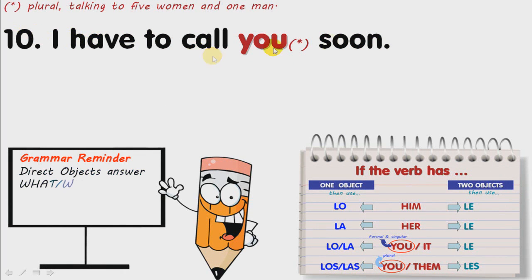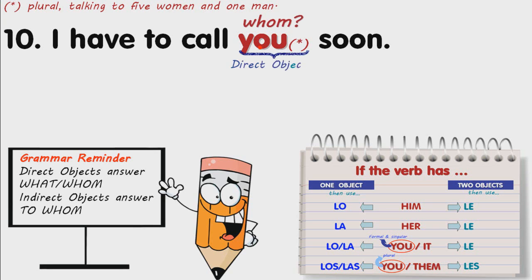I have to call you soon. In this case, you are talking to five women and one man. How many objects do we have? You is a direct object. It answers the question to whom. Soon is not an object because it doesn't answer any of the three questions. We need what, whom, or to whom. For that reason, we can affirm that this sentence has just one object.